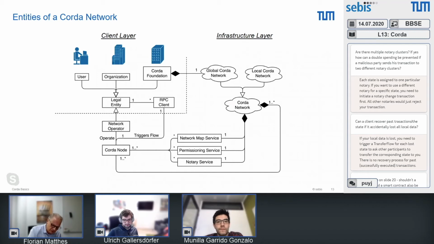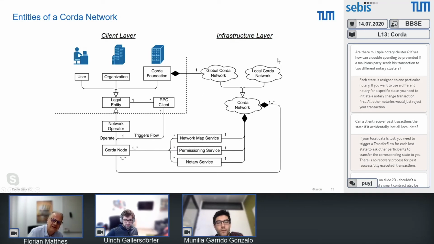Then obviously you have to have a global garbage collector, which more or less verifies the pointers in your distributed Java network. This is what I would assume they are doing: they say there are these dangerous transactions which move one state out of the scope of one network to a new notary.